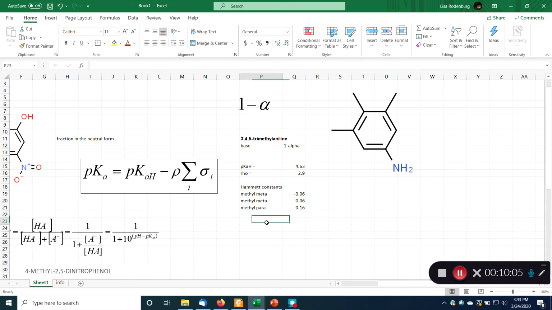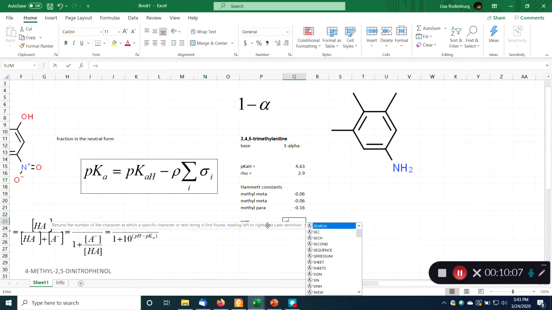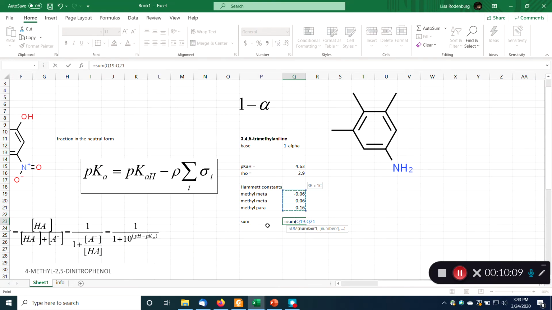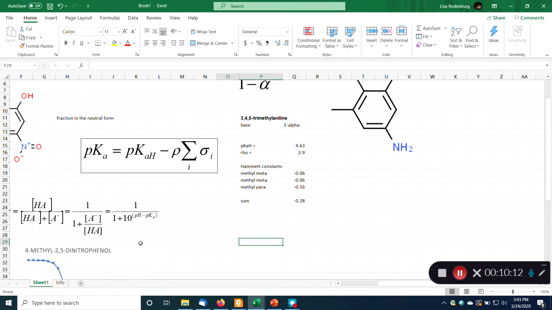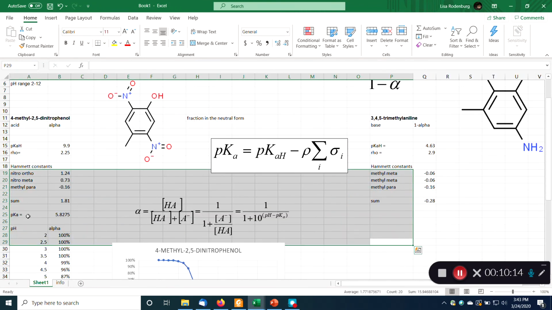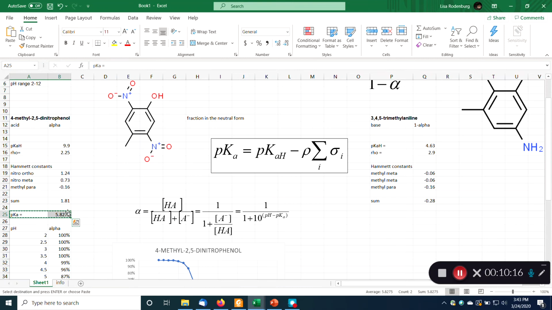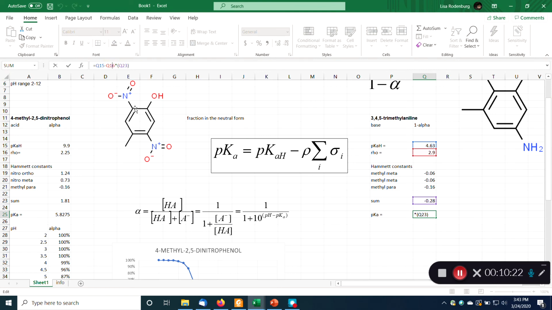All right, so just like we did before, we're going to sum those up. And just like we did over here, we're going to calculate the pKa of our compound. We can even just copy the formula over because I've been careful to put all my numbers in the right places, and we can check and make sure. Yep, I've used everything correctly here, so that should be my pKa.